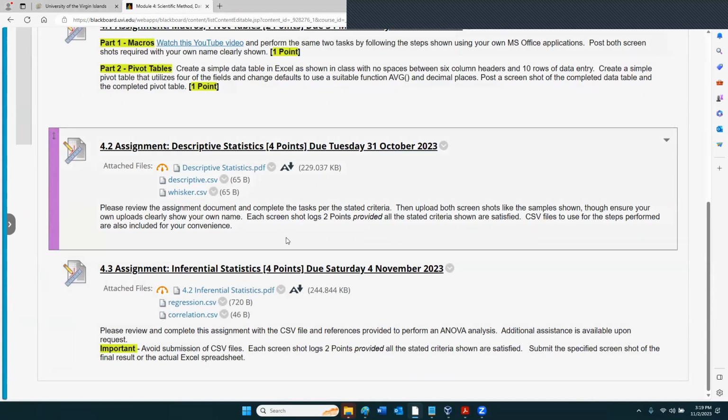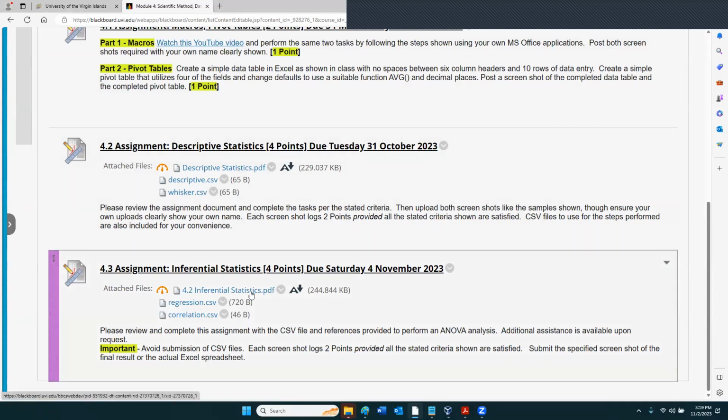And basically, there's an easy to follow PDF with a step-by-step, and then we also provide the data files for you to use in the activity so that it's quicker and easier for you to accomplish the end result. And so everything you need to complete the 4.3 assignment is provided.